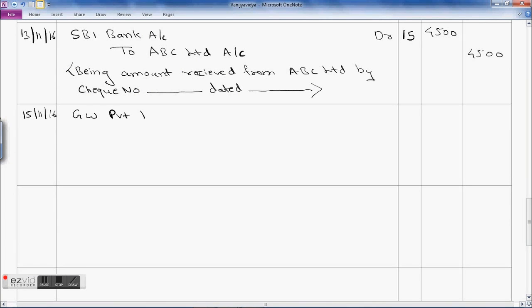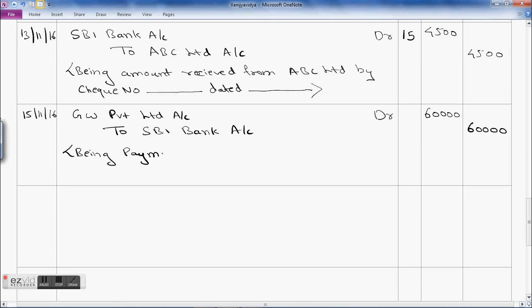Private Limited account debit 60,000 to SBI bank account 60,000, being payment to GW Private Limited by check number, dated.